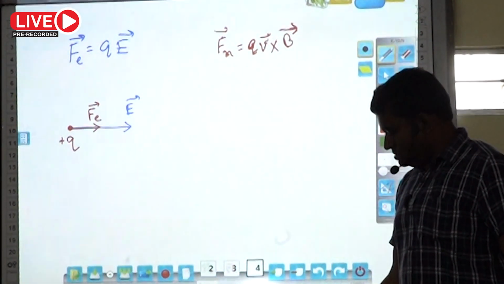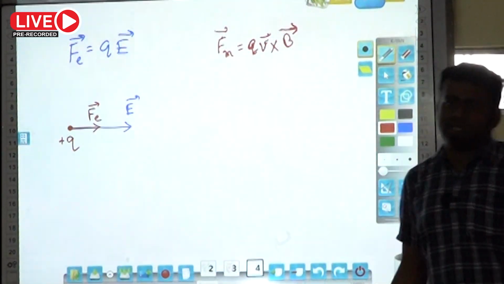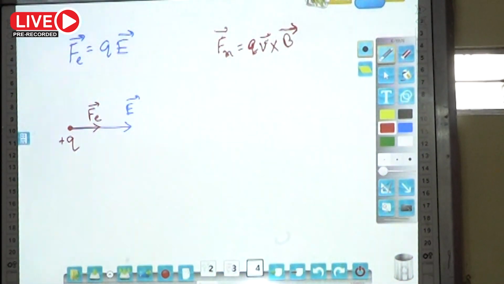In a magnetic field, B and Fm are perpendicular to each other. So lines representing B are not the same as the lines representing the force.